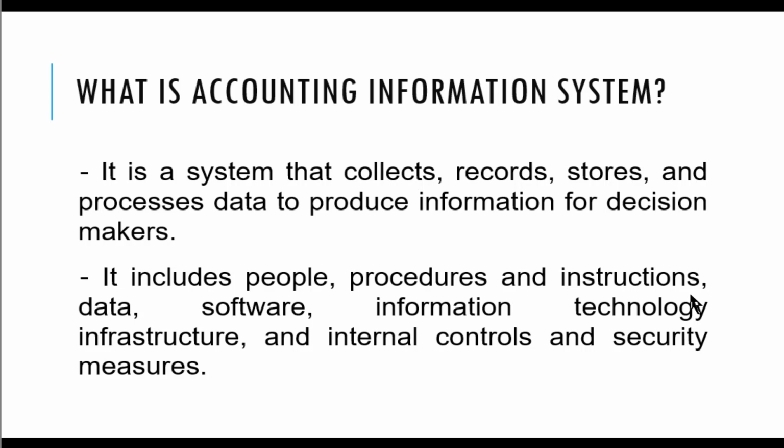We already know what is information, right? It is already the converted data. So the AIS includes people, procedures and instructions, data, software, information technology infrastructure, and internal controls and security measures. So this is what we're going to study in this course.